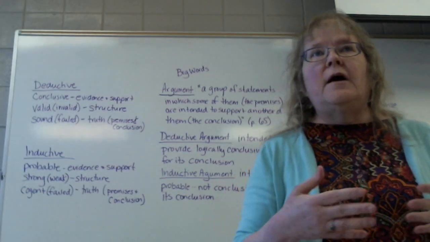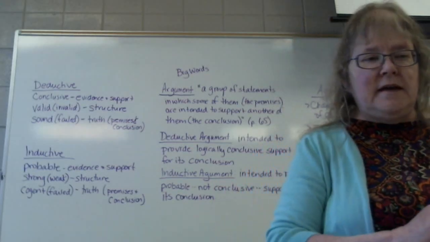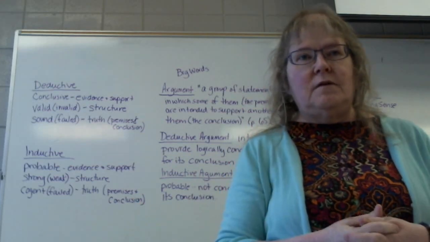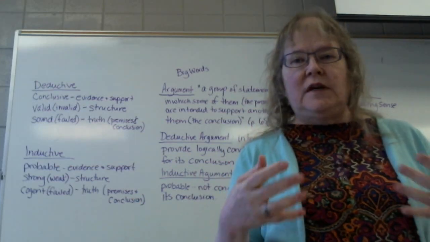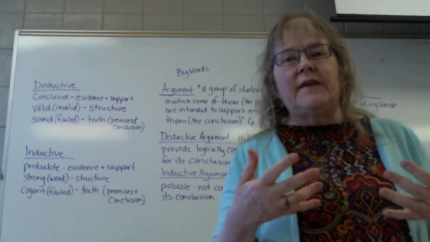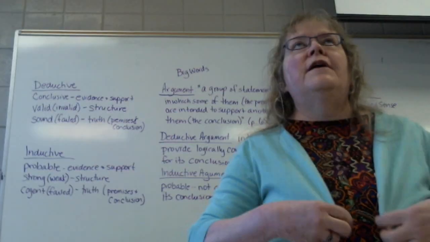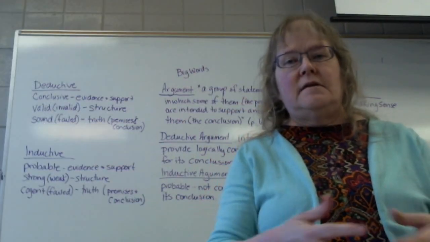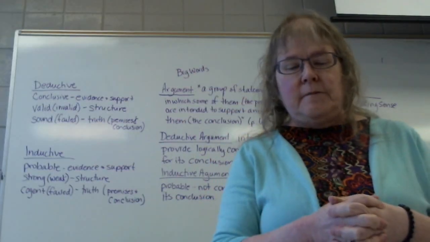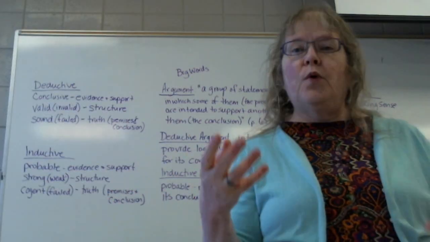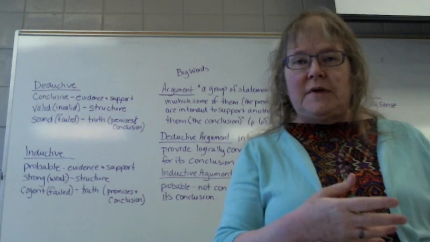Okay. Now, we talked about this back in chapter 1, the best advice for anybody working with arguments is to find the conclusion first. So read the argument and go, okay, they're trying to claim that X is true. Okay, so that's your conclusion. So anything that supports that is a premise.